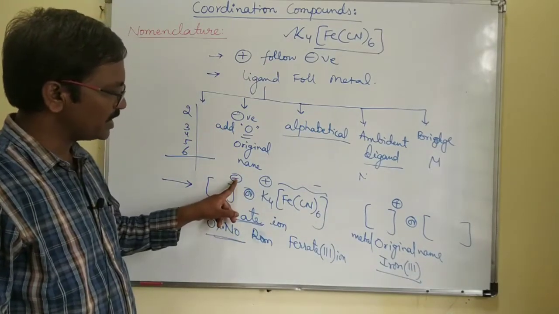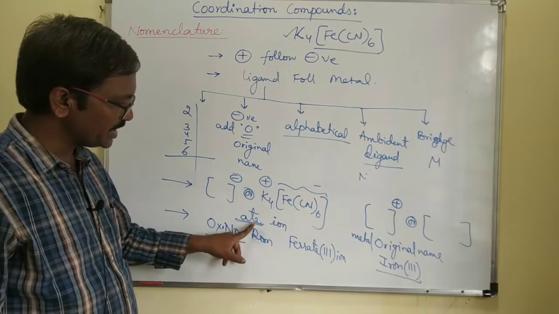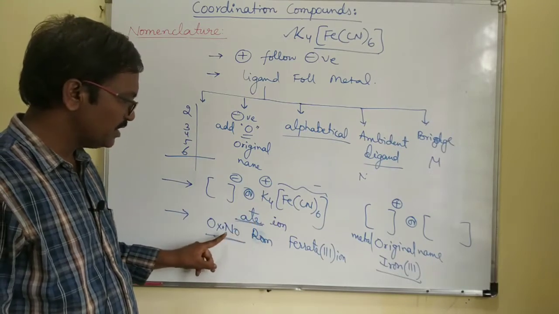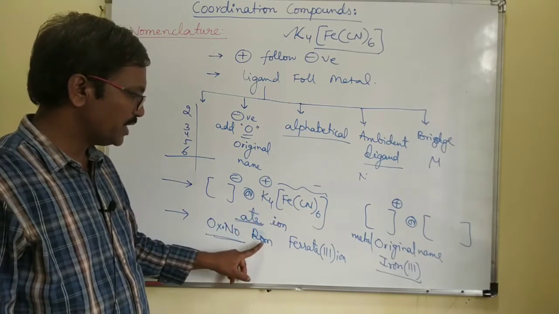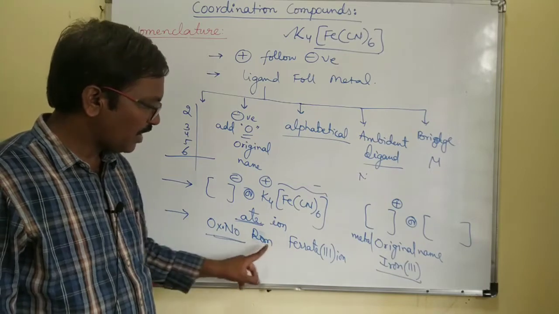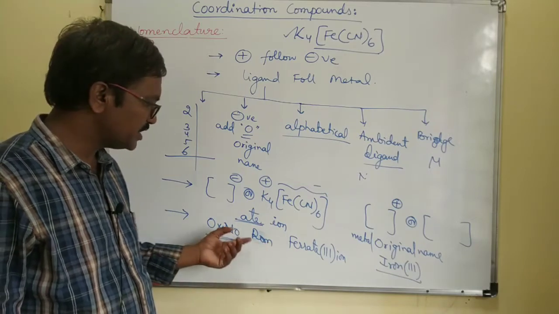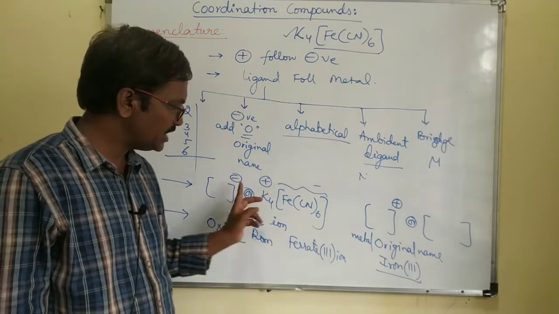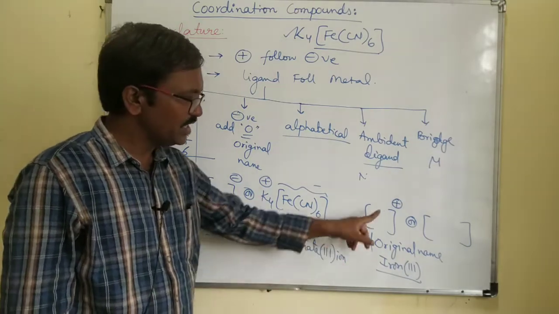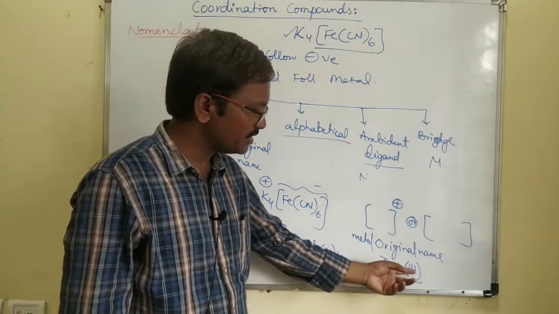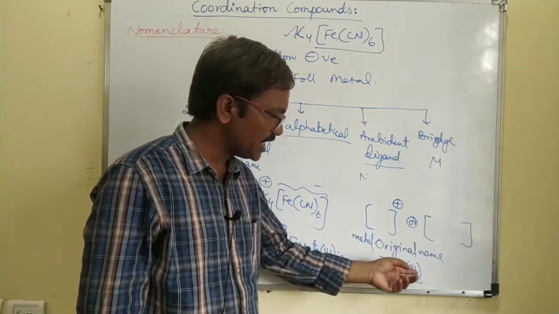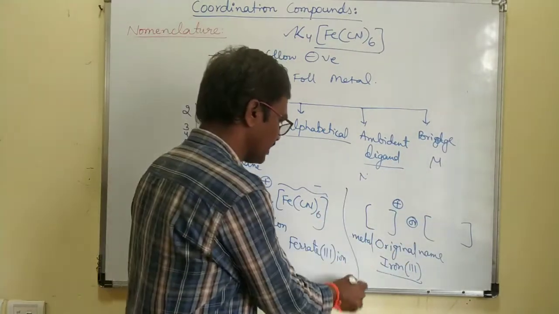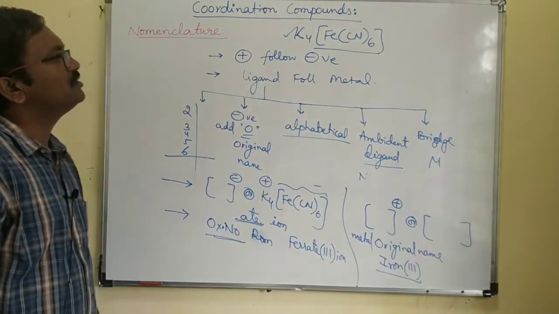If the complex is negative, you write ferrate and ion, so the ate suffix is added. If it is positive or neutral, you write iron(III). That is the difference. The oxidation number is written as a Roman numeral in parentheses. That's it. Okay, so what is the next one?